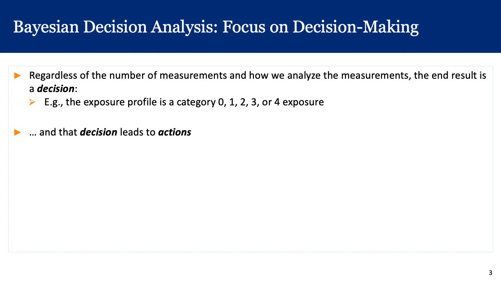And so, regardless of the number of measurements and how we analyze the measurements, the end result is a decision. So, the exposure profile is in category 0, 1, 2, 3, or 4, and that decision leads to actions. And this has been the mode for industrial hygienists for a long time. It's only now that we are trying to make it more transparent and quantitative.